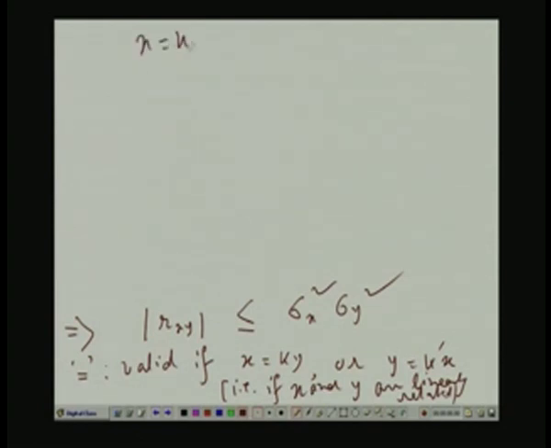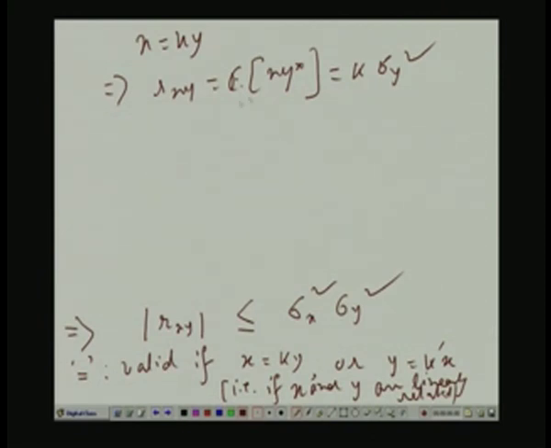Suppose x equal to k y, then r x y, which is E of x y star, is simply k sigma y square. You put k y here, k you take out, y into y star, that is mod y square, and that is k sigma y square.